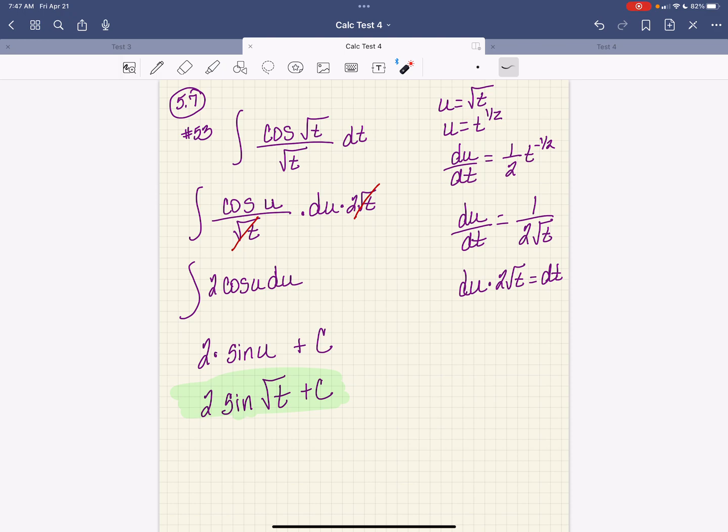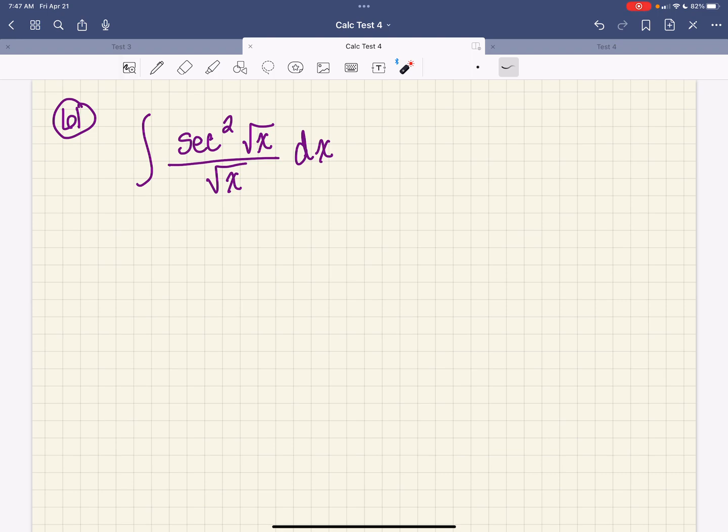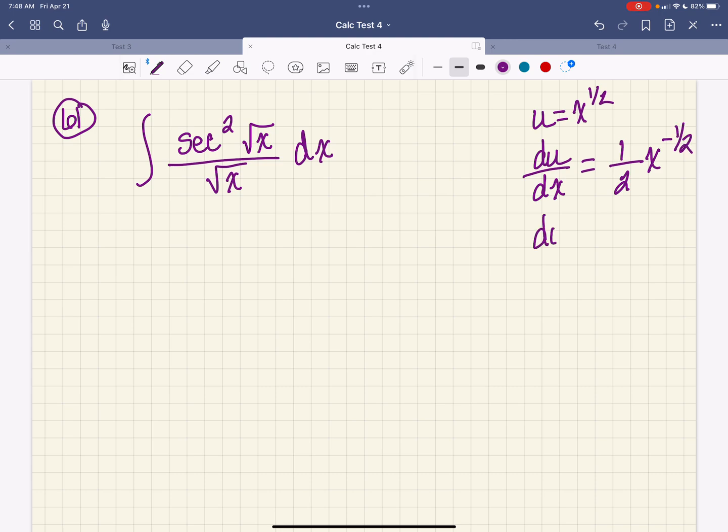Number 61 is very similar. So let's look at number 61. We are going to let our u be x, and I'm going to write x to the 1/2 right there. So du/dx is 1/2 x to the -1/2, and I'm going to rewrite that du/dx as 1/2 on the square root of x.